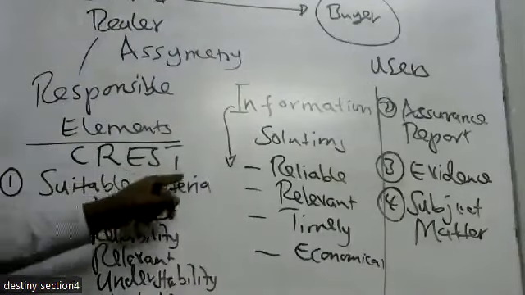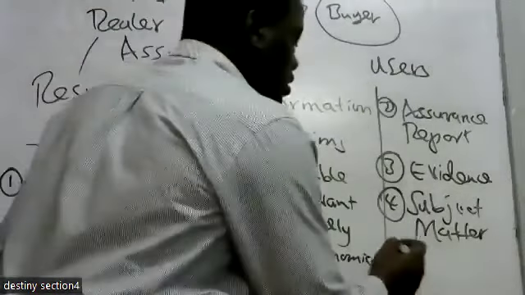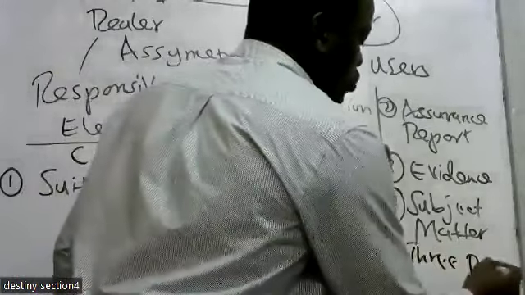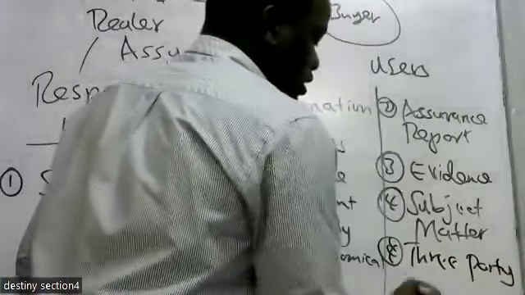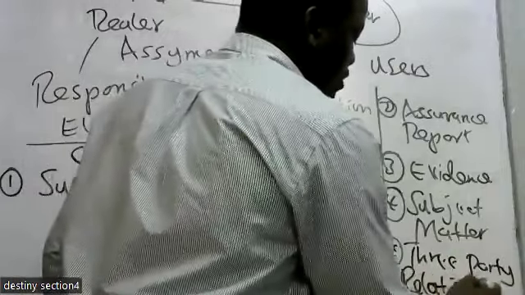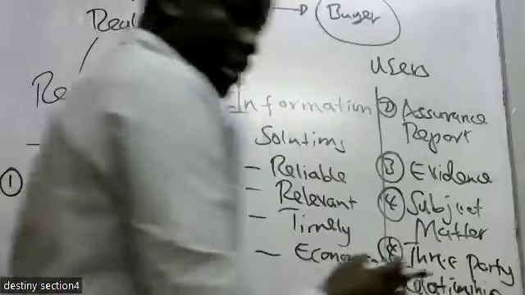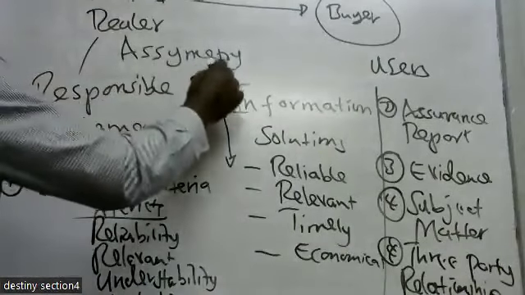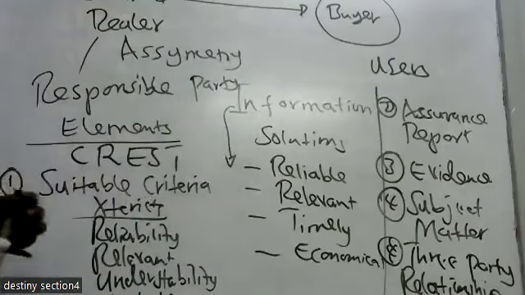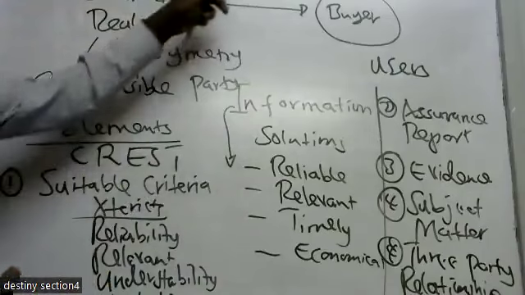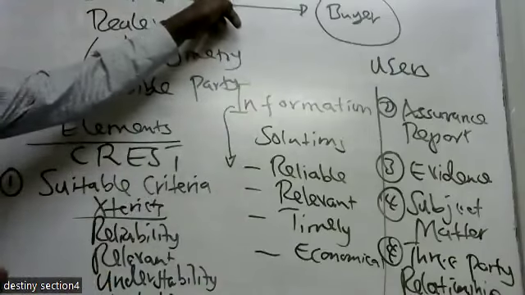Then the last one, T, stands for the three-party relationship. All assurance engagements have a three-party relationship. So who are these three parties? One, the responsible party, who prepares the subject matter, or the financial statements in this case.